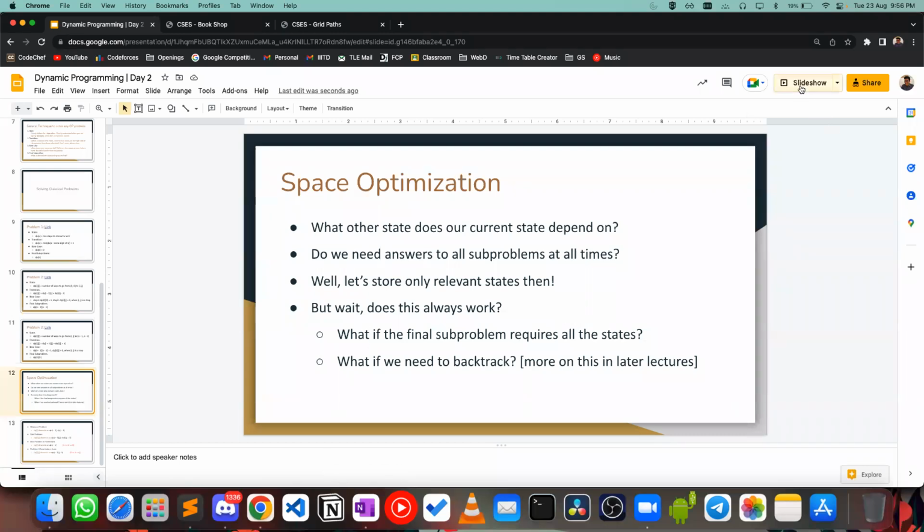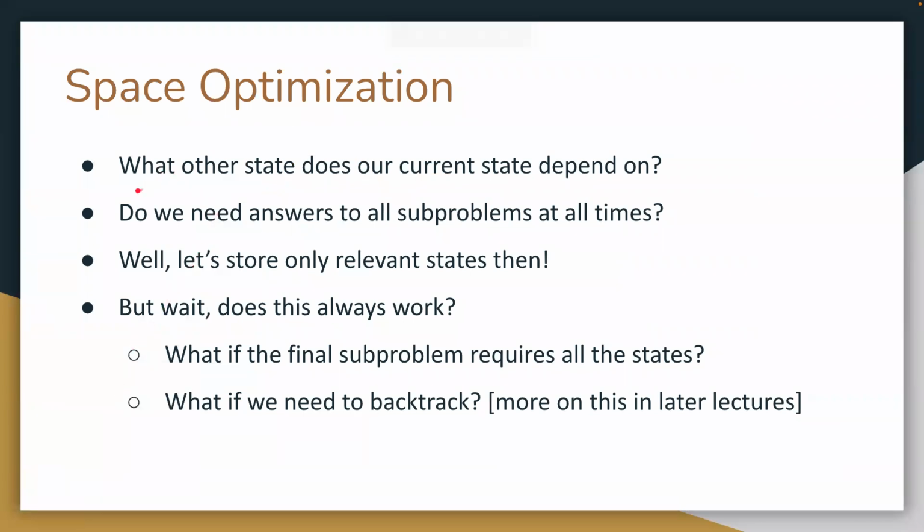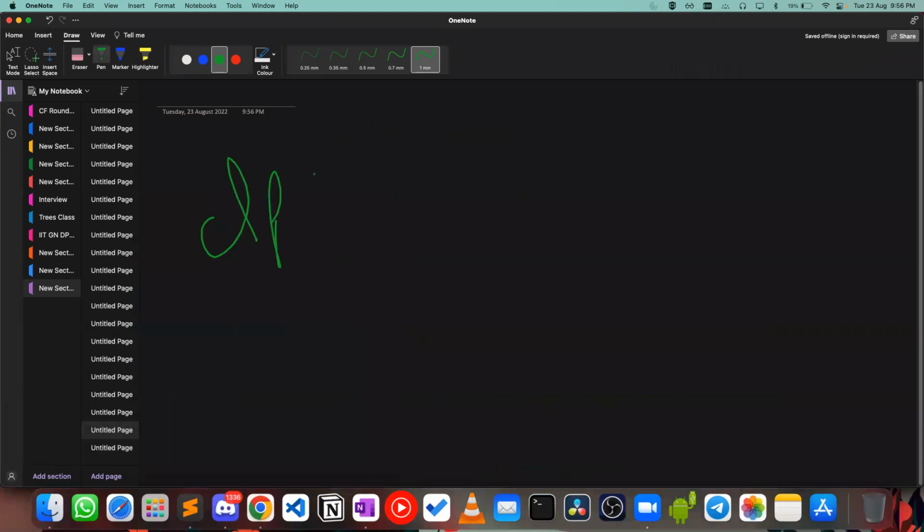The entire concept is this, that whenever you are standing on a state, think about the other states that it depends upon. As an example, in the dice rolling problem, what were the states that dp of I was dependent upon?